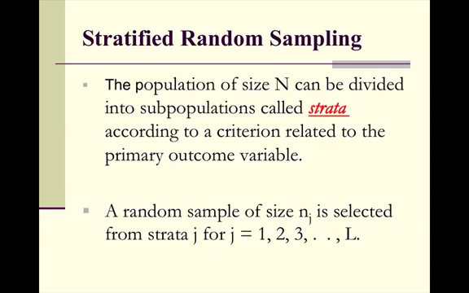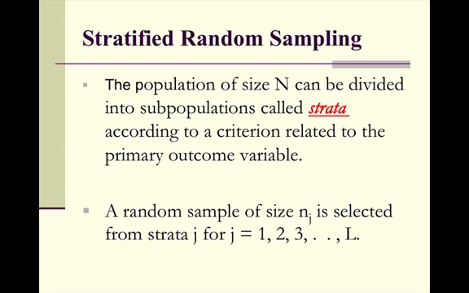Stratified random sampling continued. You have the population size N. Uppercase N, remember, is the total population. Lowercase n is the sample. So the uppercase, or the population, can be divided into subpopulations called strata, according to a criteria related to the primary outcome variable.